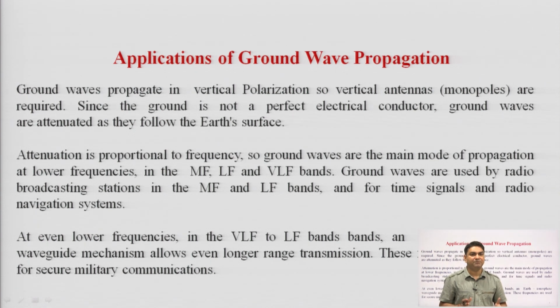So, simply, the main mode of propagation at lower frequencies is this surface wave or ground wave propagation in the MF, LF and VLF bands only. Ground waves are used by radio broadcasting stations in the MF and LF band and for time signals and radio navigation systems.